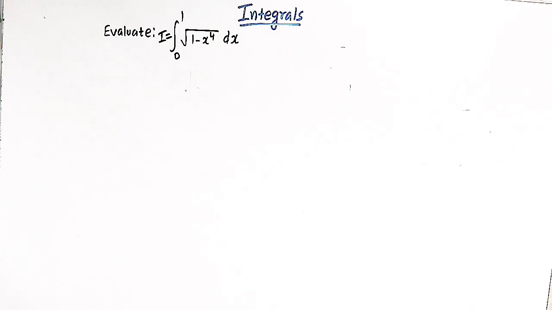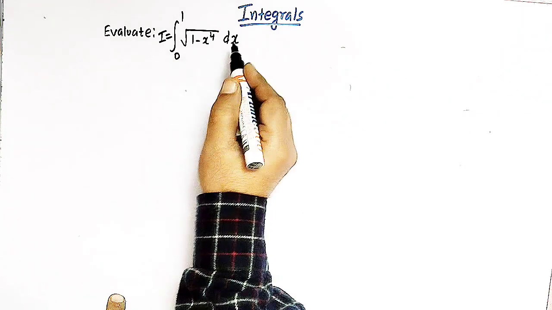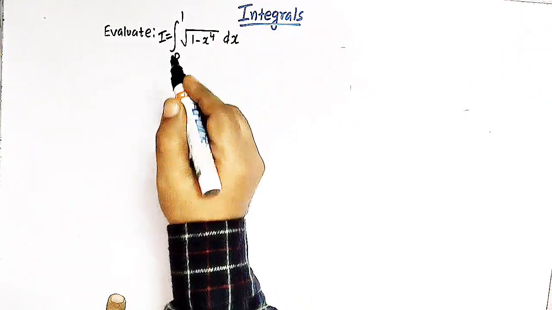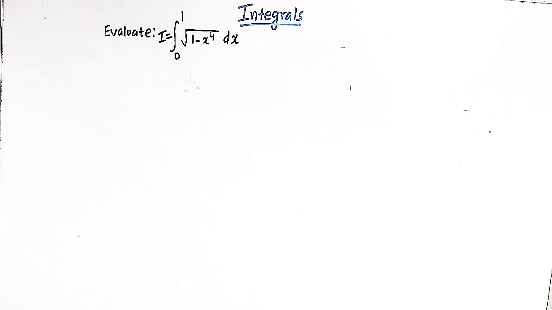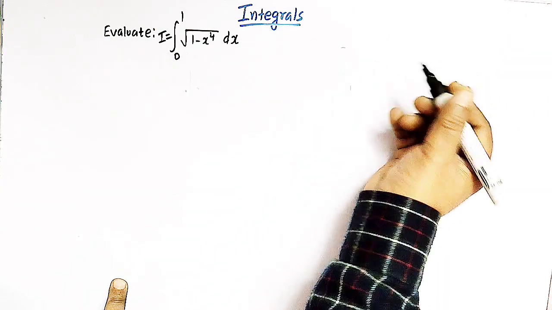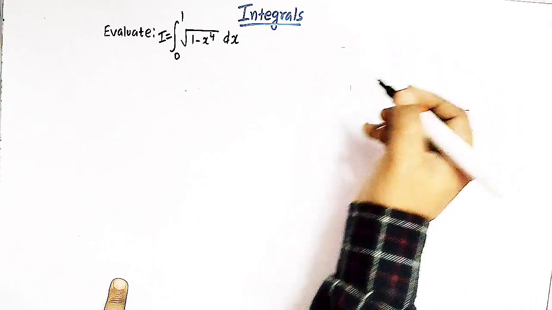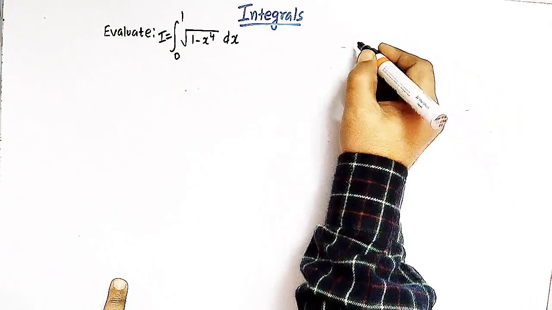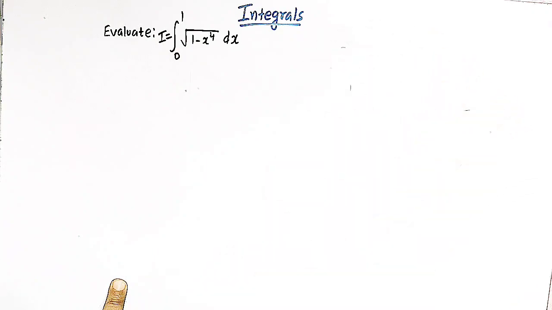And here let us briefly see the important results from beta and gamma functions which are going to be used while evaluating this integral. So here we are going to make use of the definition of the beta integral, which is also known as the beta function or Euler's integral of the first kind.